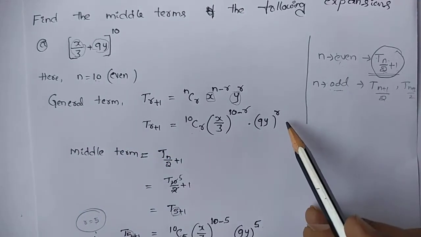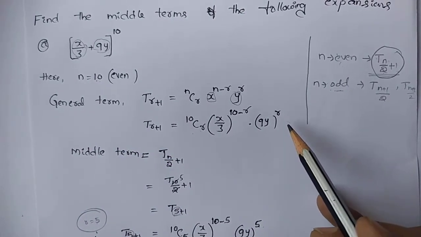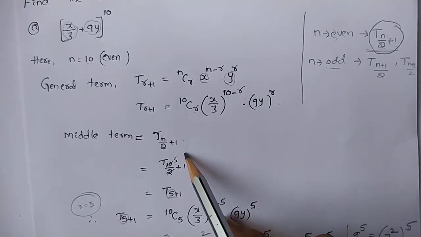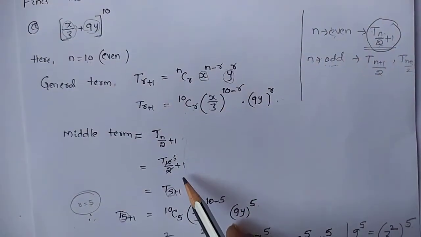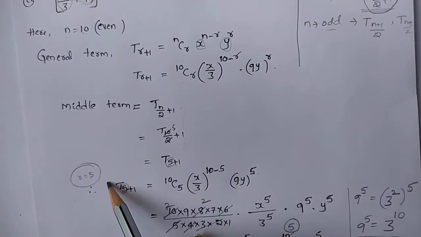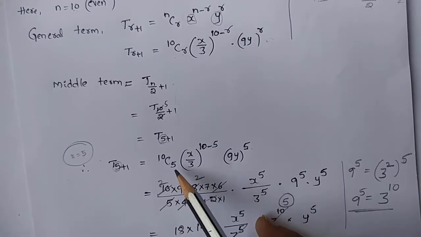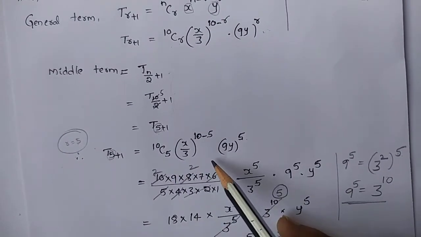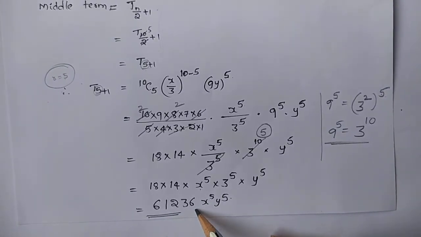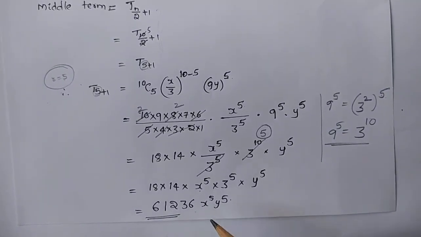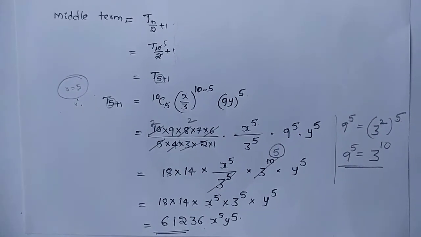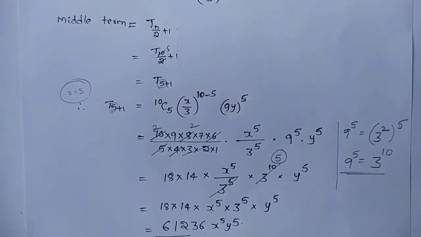First, we found the general term. Next, the middle term formula. After that, we substituted r with 5. Then, after the simplification, finally, we found the middle term. Do you understand? We will have some more problems based on these middle terms.